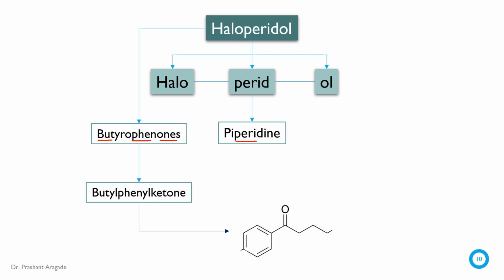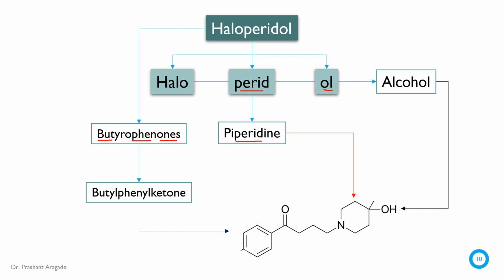Look, piperidine also contains the word perid. So perid stands for the piperidine ring. You have to draw the piperidine ring just after the butyl portion, just like this. Now this perid is followed by OL, the suffix used for the alcoholic functional group, that is OH. It means you have to attach the alcoholic OH at the fourth position of the piperidine ring.